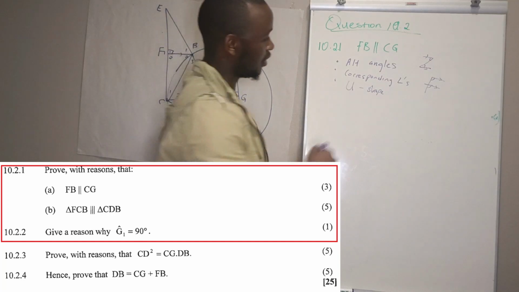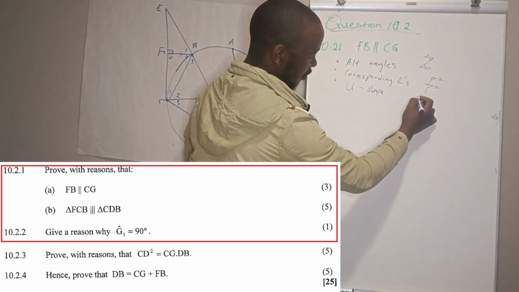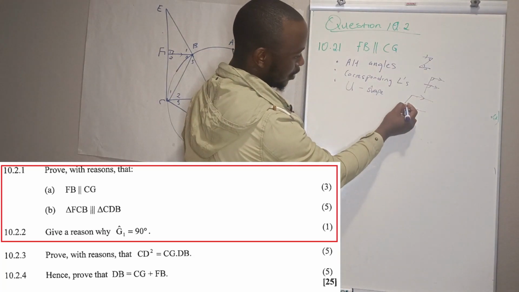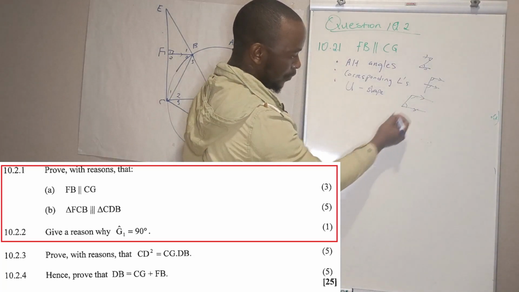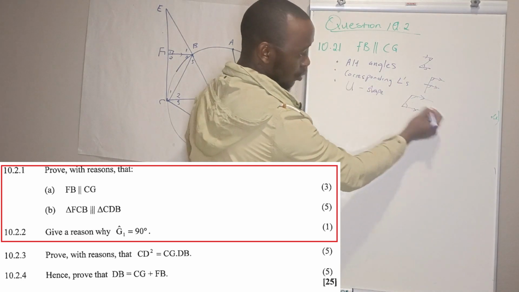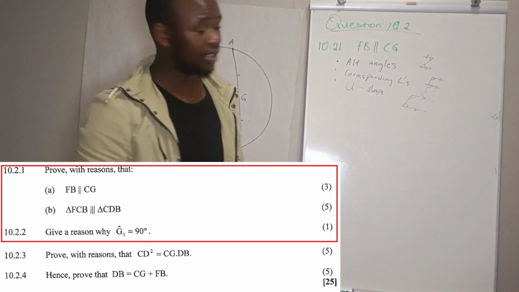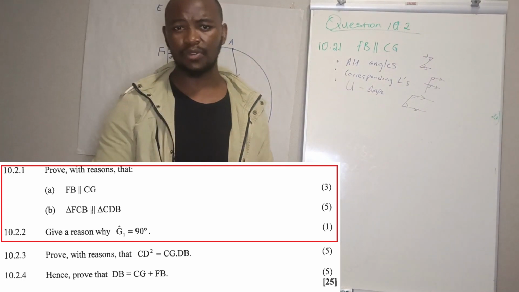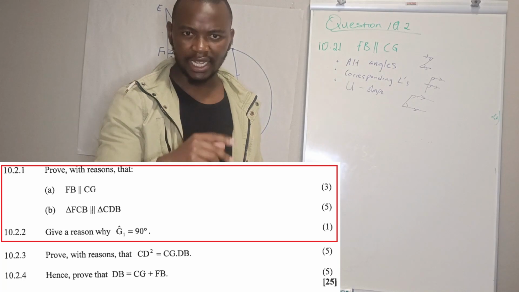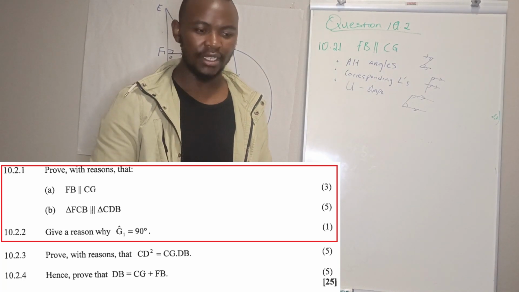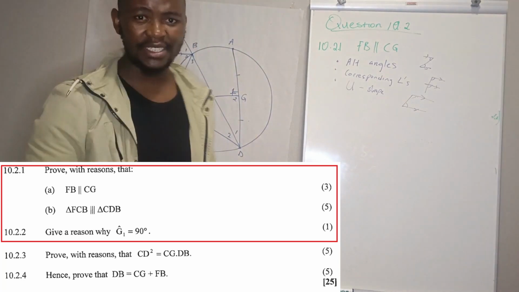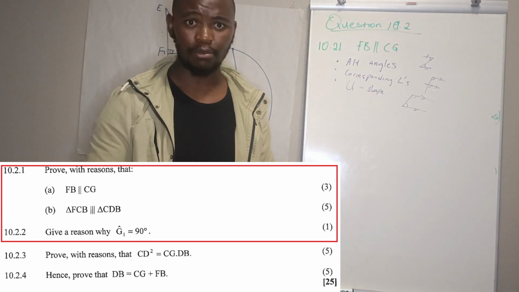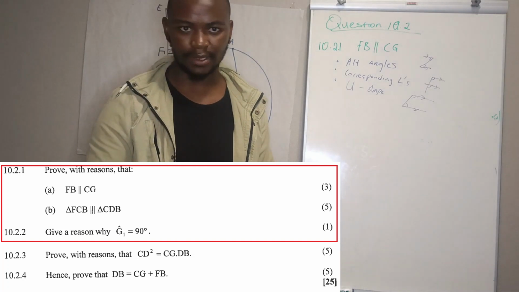If we have a line like this, these opposite interior angles here are supplementary. So that's your U shape. That's what you look for when you're trying to prove that certain lines are parallel. So let's go and look at our sketch and use these theorems to see what can assist us better.